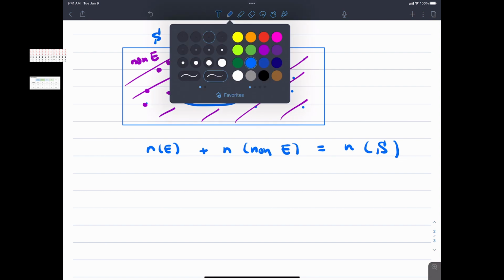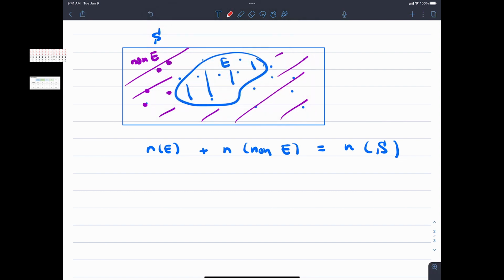I'm going to use a little bit of algebra. I know from algebra I can divide both sides by any non-zero number.